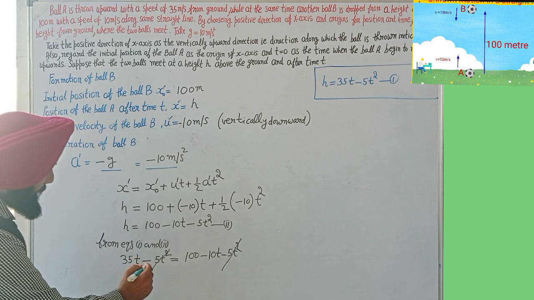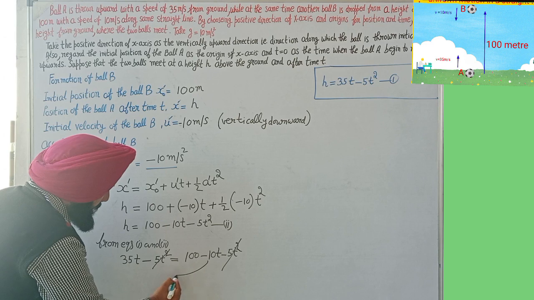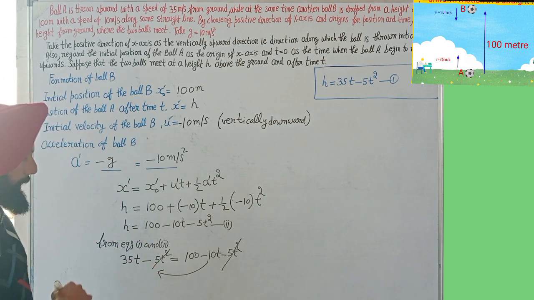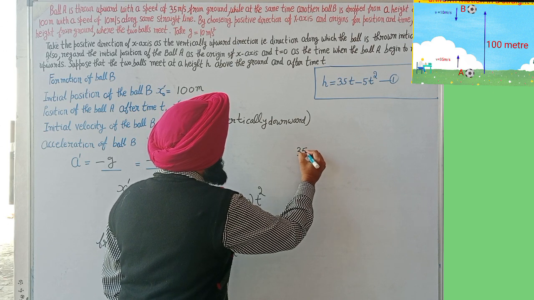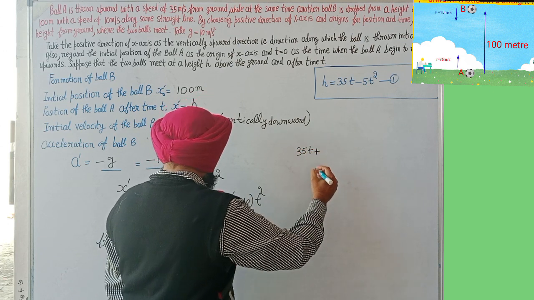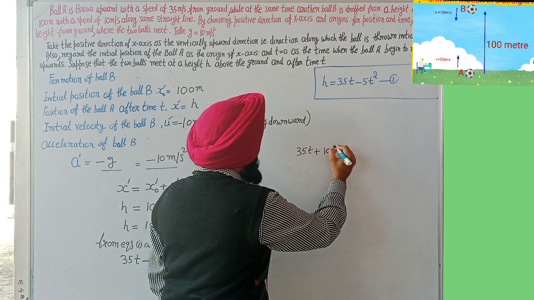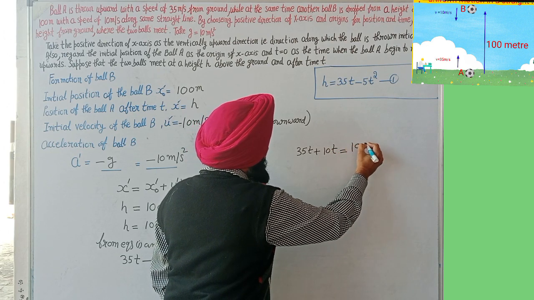And this becomes, I am transposing negative 10t to the right hand side. It becomes 35t plus 10t equal to 100.